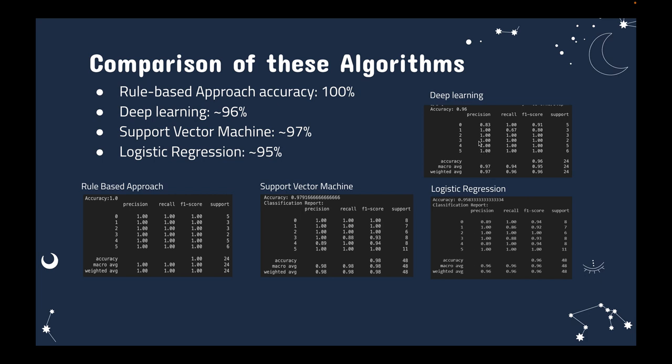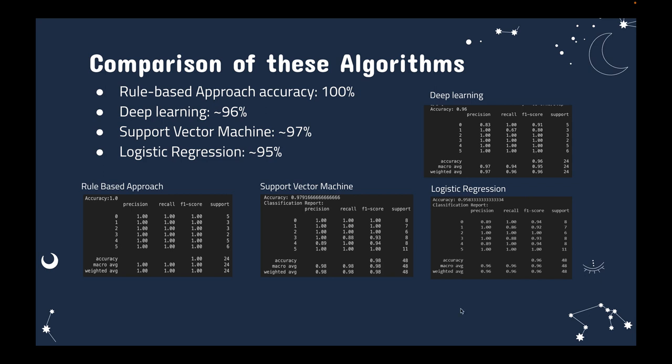And then for our deep learning model, we get 96% again. For round 0, the precision is only 0.83, but then for the rest, it's all 1s. The recall is looking a little low right here at 0.67, but then the F1 score is looking pretty good. A lot of 1s here as well.